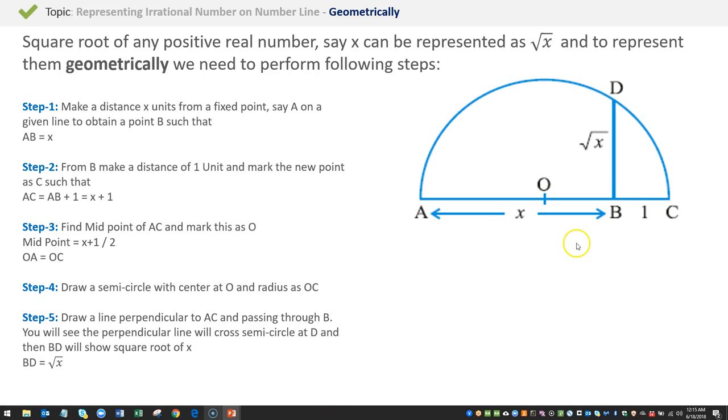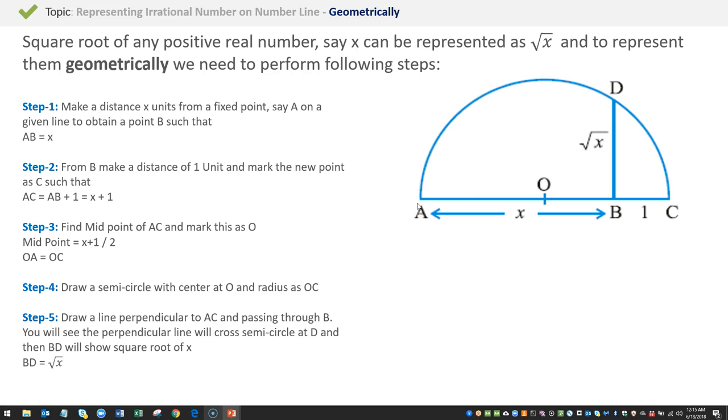We started with A, and what we have done, we have gone from A to B up to x point, and then we extended B to C as 1 unit, and hence AC was x plus 1. And now we divided it to find O, which is center, and then from that center we draw a semicircle.